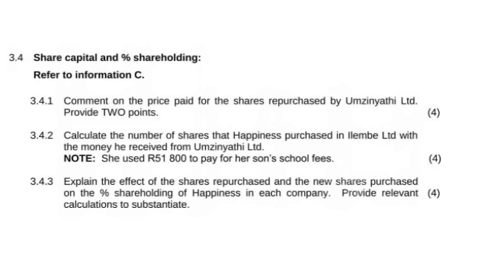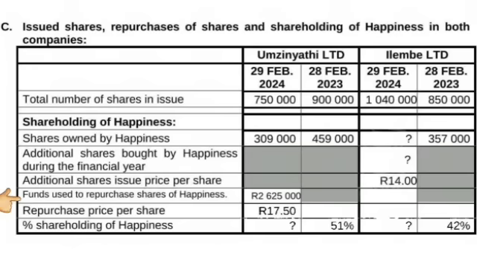And then in 3.4.2 it says calculate the number of shares that Happiness purchased in Ilembe Ltd with the money she received from Umzinyati Ltd. Note, she used 51,800 to pay for her son's school fees. Remember, Umzinyati gave her money to buy back their shares, so out of that money she bought shares in Ilembe.